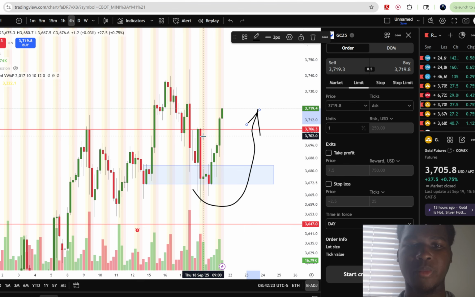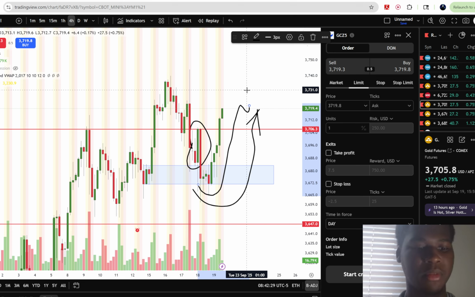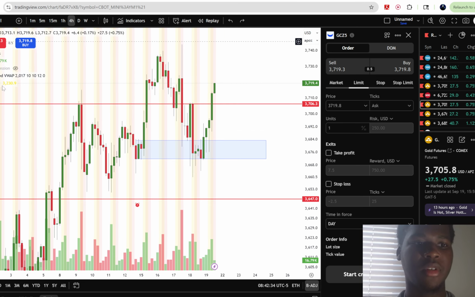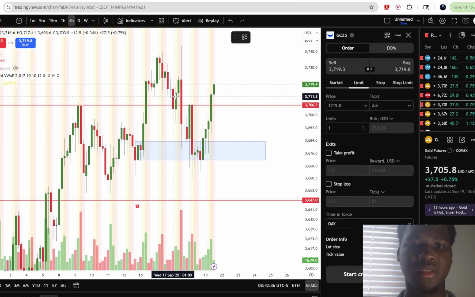And I could have gotten in right here. It would have come all the way, almost stopped me out, and then I would have been in profit. Let me show you guys what that trade would have looked like. It would look like right here.